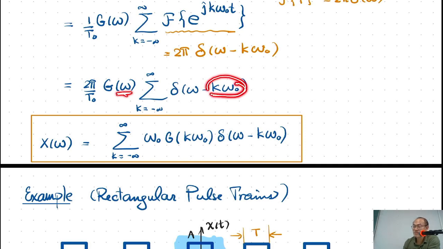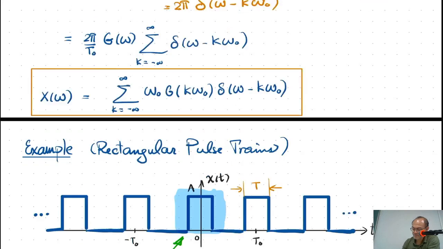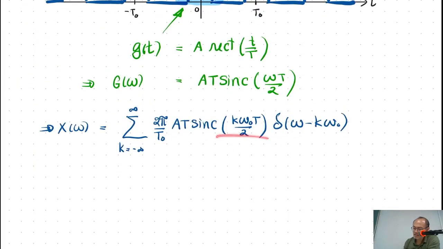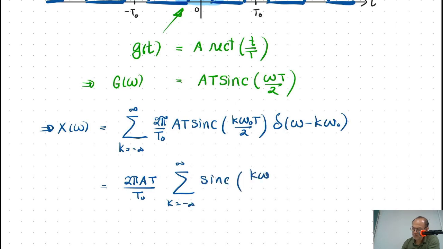Everywhere else it's 0. So we have 2 pi A T over t0 summation of k going from minus infinity to infinity sinc function of k omega 0 T over 2 delta omega minus k omega 0. So this is the frequency spectrum of a rectangular pulse signal.